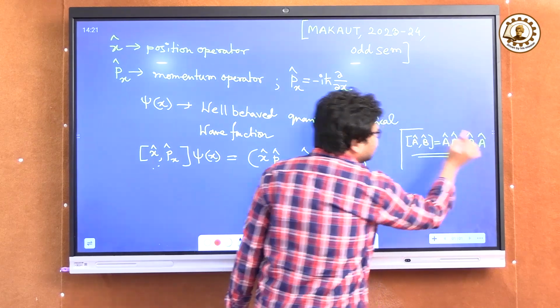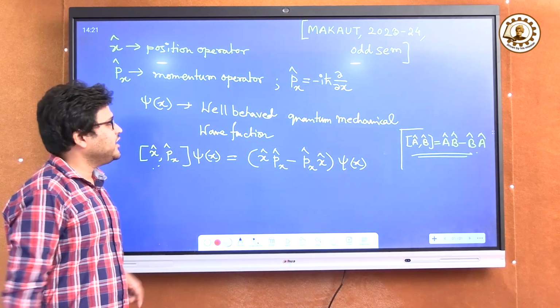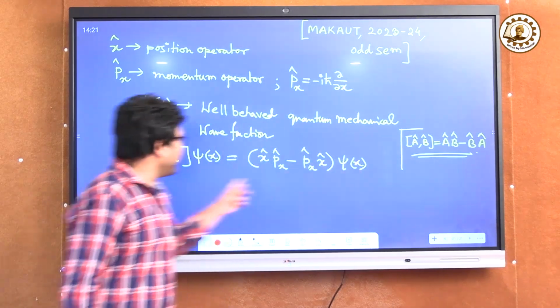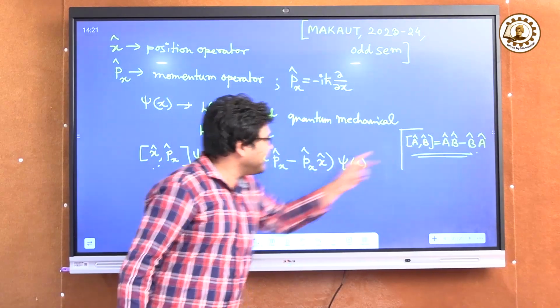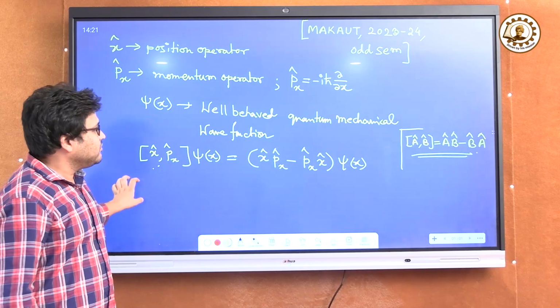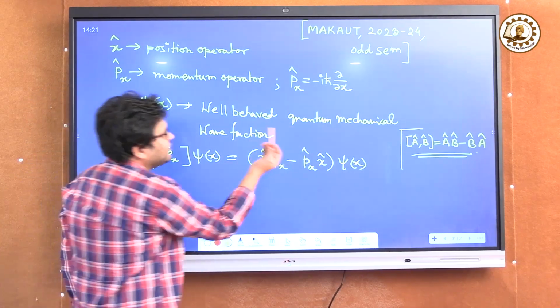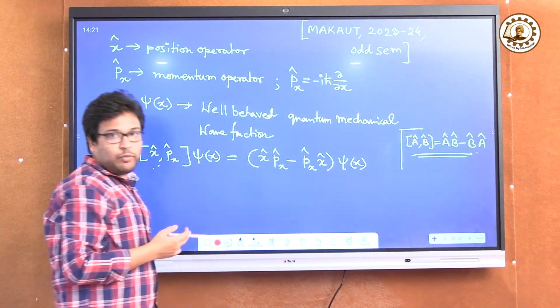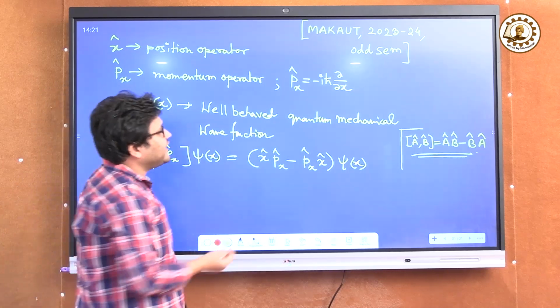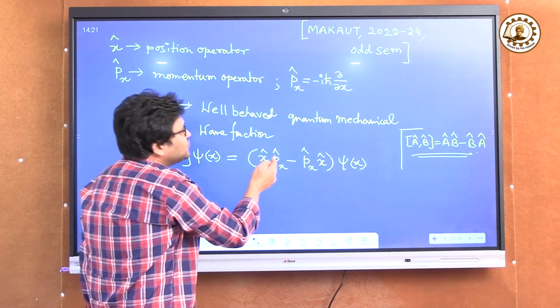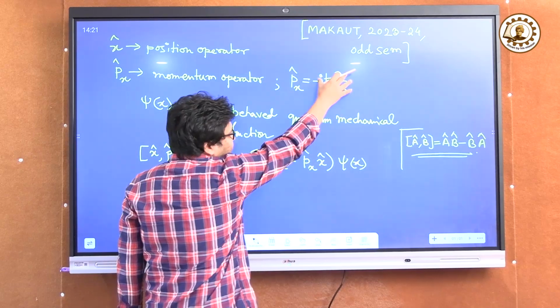So I am just using this expression here. Here the role of a cap is played by x cap and the role of b cap is played by px cap. Now we already know that the expression of the x component of the linear momentum operator is minus i h cut del del x. So I am going to put this expression over here.